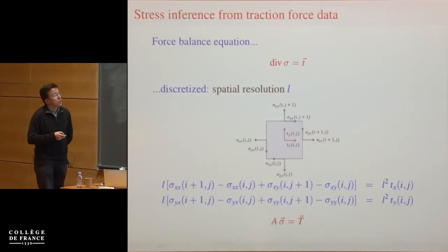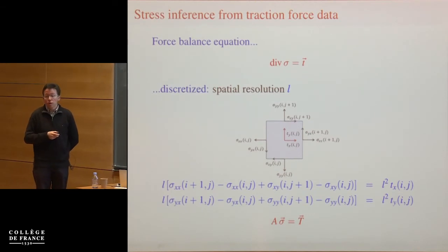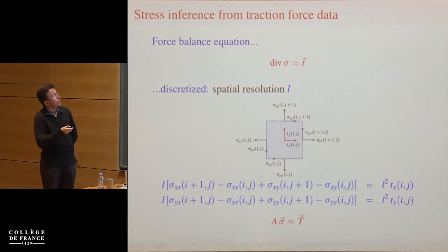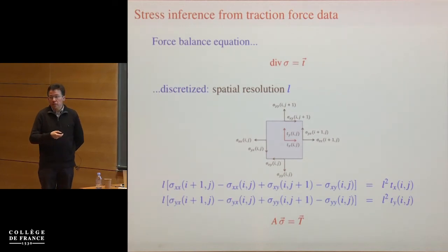For this reason, we decided to use a Bayesian method in order to obtain the stress field from the traction force field. So this is simply giving you the discretized version of the partial differential equation that relates traction force to stress. A is the matrix that we would like to invert. We will not try to add more equations in order to make this matrix square.